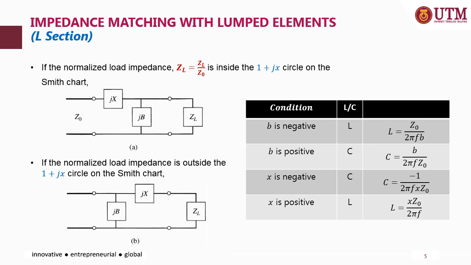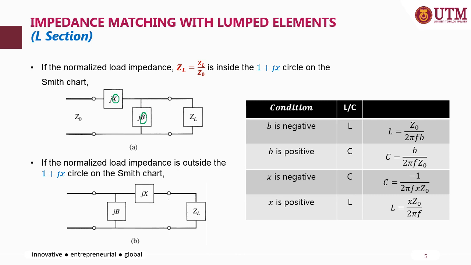Okay, in terms of the lumped elements inside the reactance or susceptance circuit, this one is jB and jX. B is the admittance, okay, the susceptance, and X is the reactance value, right?